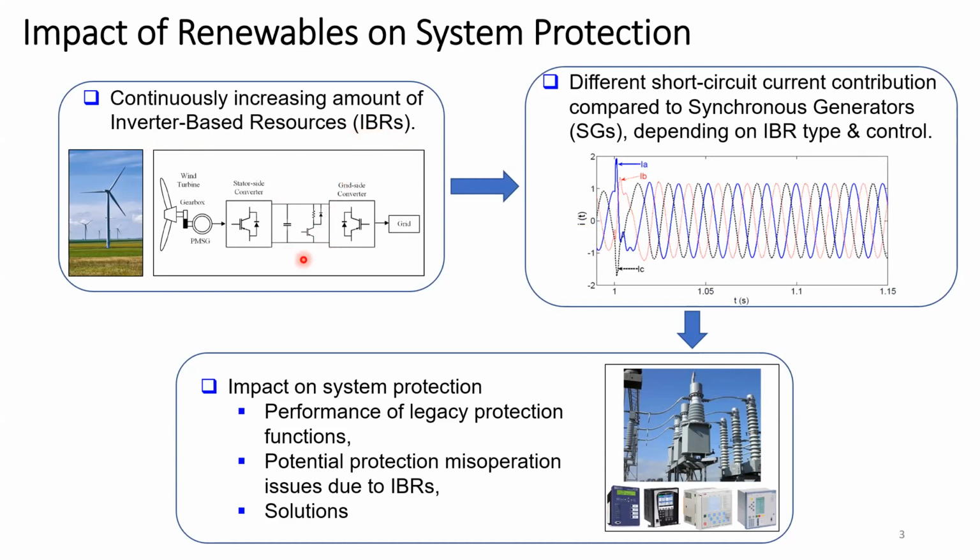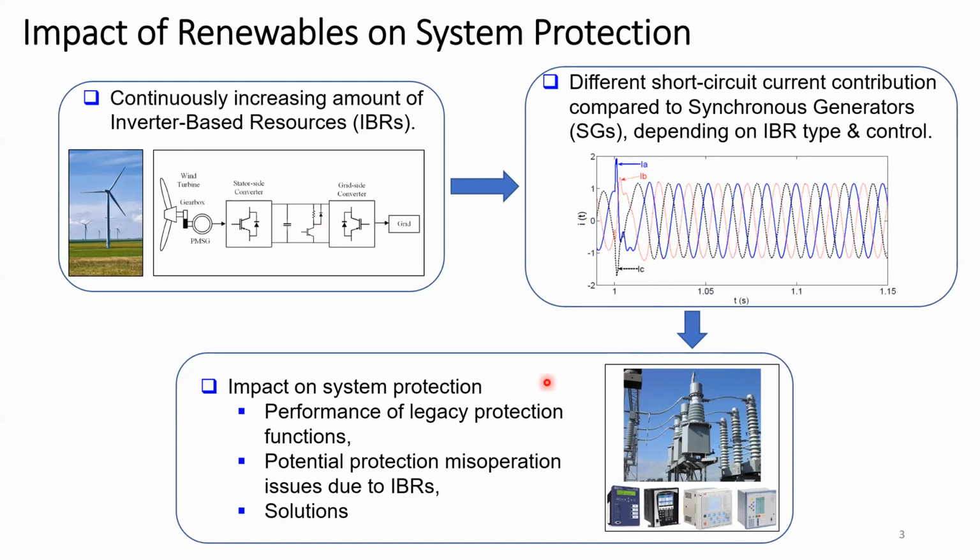This power electronic interface produces fault current signatures which are different and in some cases more complex compared to conventional synchronous generators. This leads to an anticipated impact on the performance of legacy protection systems, which are set with the assumption of fault current signatures of conventional synchronous generators.